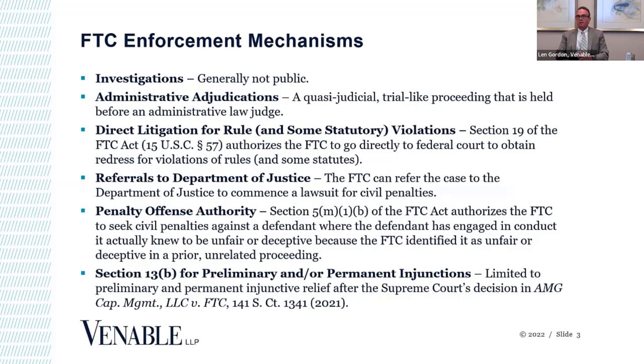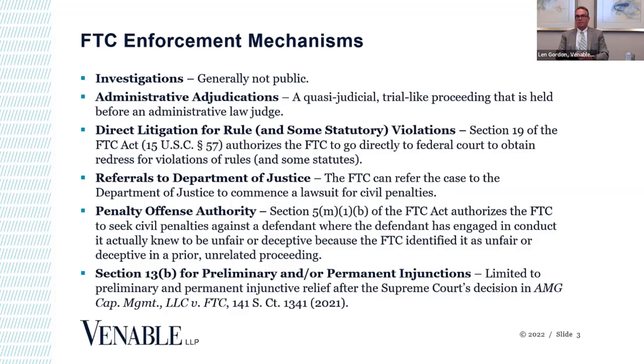The FTC has recently dusted off its penalty offense authority pursuant to Section 5(m)(1)(B) of the FTC Act. It's a unique authority. So if the FTC were to litigate an administrative case and get a consent order against Mary and declared that Mary doing XYZ is illegal, which is highly probable, they could then, if Len knew about the XYZ conduct that Mary had been found to be violative of the law, sue Len for violating essentially Mary's order.